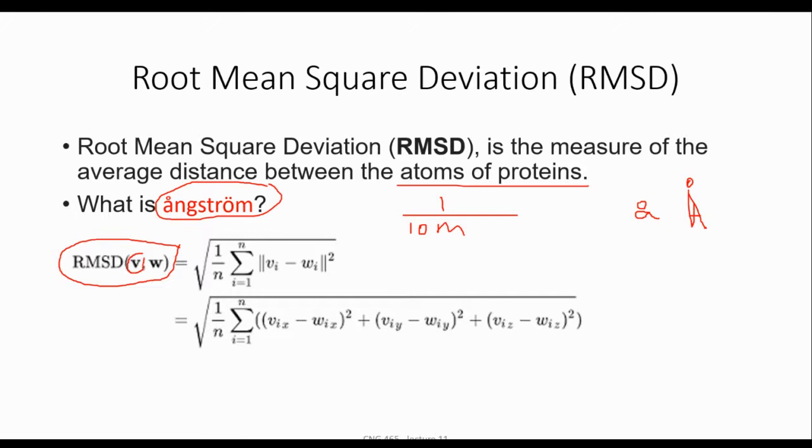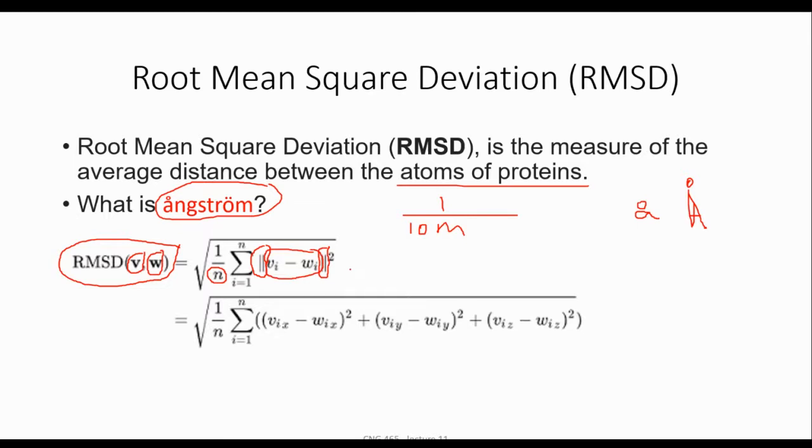So this could be one protein, this one another, V and W. N is the number of atoms that we are comparing with each other. I will show in one example how you can decide it very easily. And here you see, for distance, we use double lines. It means that inside it, we are dealing with vectors.